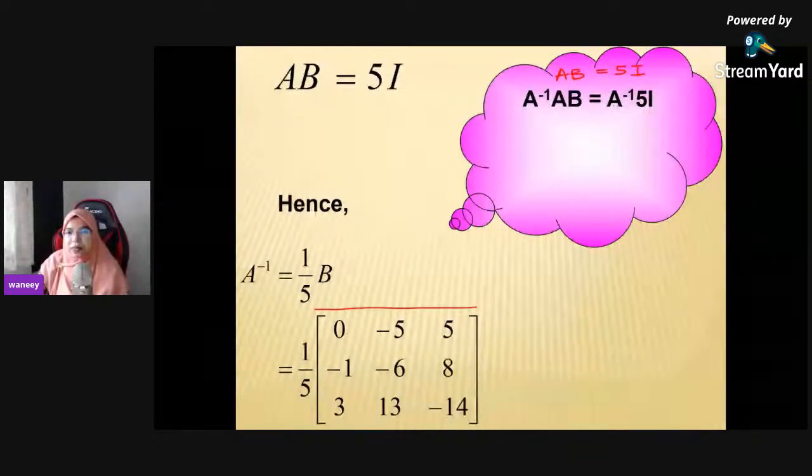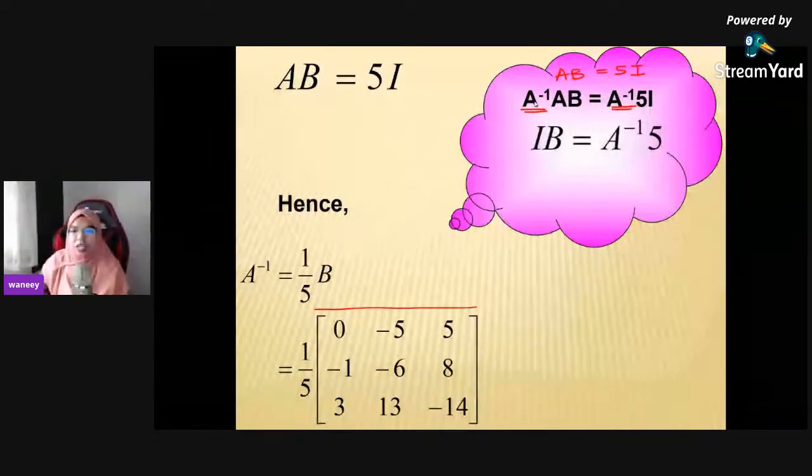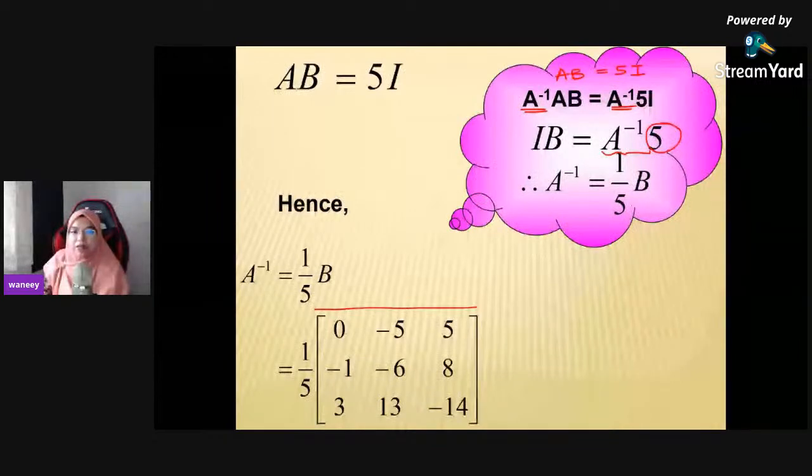A inverse times A is the identity, so identity times B equals A inverse times 5. Now I need A inverse as the subject, so we multiply by 1 over 5 to cancel out the 5. So we get A inverse equal to 1 over 5 B.